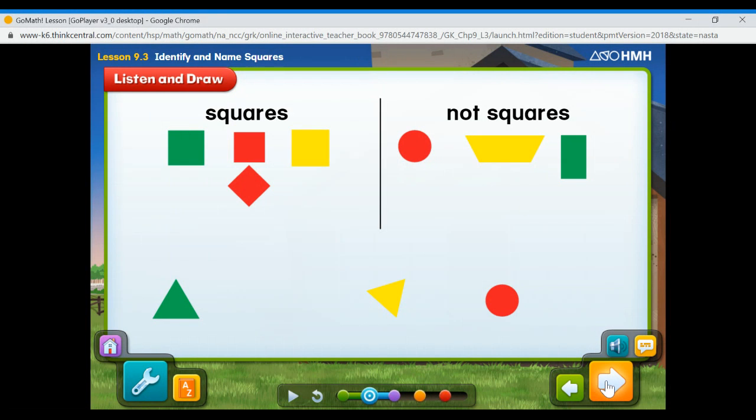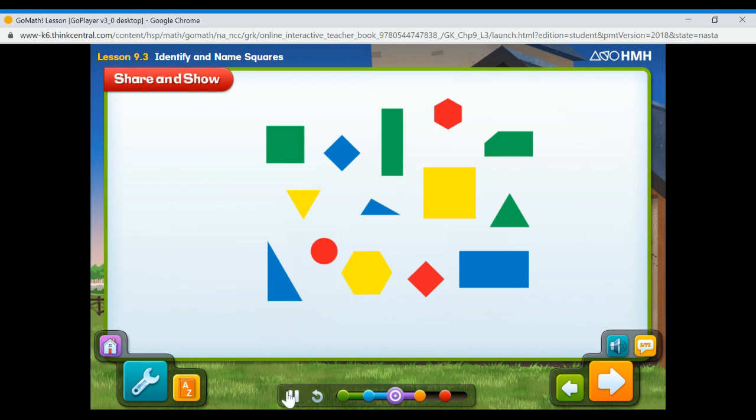I'm going to let you do the next 3 shapes on your own because I think you can do it. Moving on to our scavenger hunt. Just like our hunt for circles yesterday, today you're going to be hunting for squares. An X marks the spot for a square. When you see one, I want you to put an X on every square you see. Some shapes have less sides than a square.